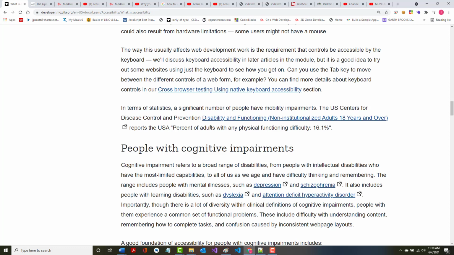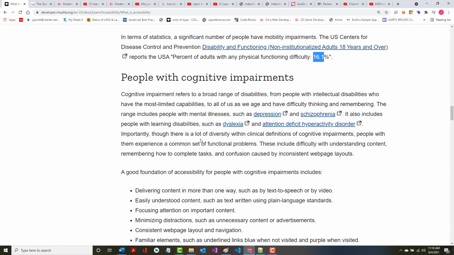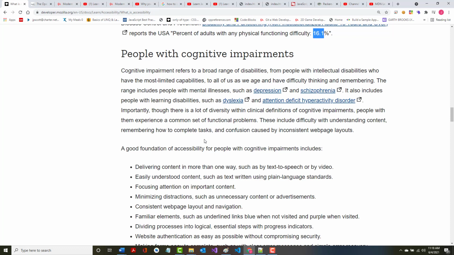The U.S. Center for Disease Control has the percentage of adults with physical functioning difficulty as 16.1%, which basically says about 1 out of every 6 people. So if I'm in a classroom filled with 24 people, that's saying that literally 4 of them could have some kind of physical disability.